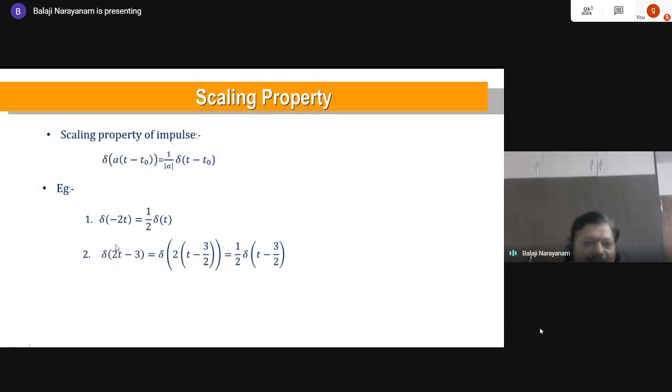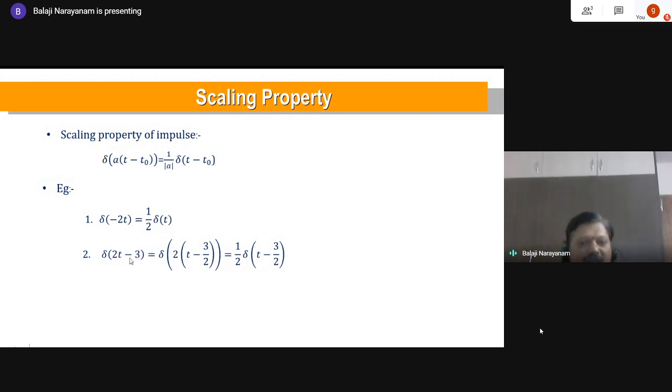The second example is delta of 2t minus 3, where in place of a we have 2. But here you observe it is not exactly of the form a into t minus t naught; it is of the form a t minus t naught.